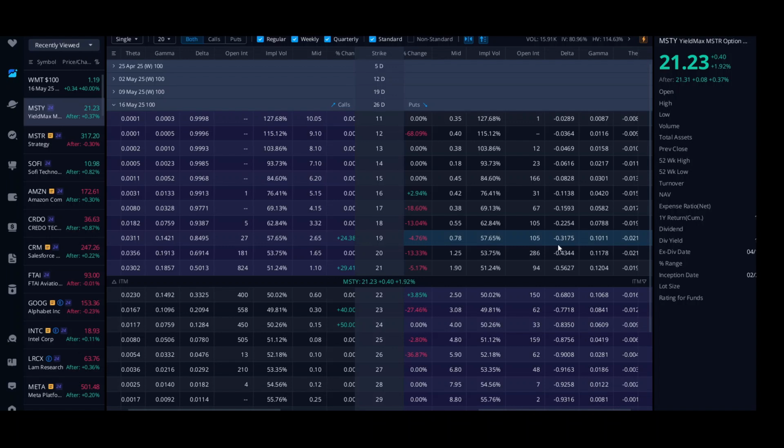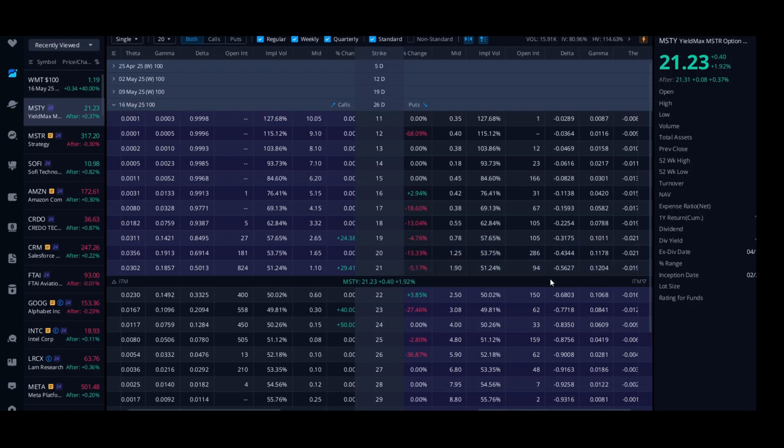So just because it says 0.3 now, being basically a 70% chance that this will expire worthless and a 30% chance that you will be assigned, will change as this price changes. So as this price is 21.23, as it gets closer to 19, it will change and it will increase, because the closer to the strike you get, the higher chance you've got at getting assigned.